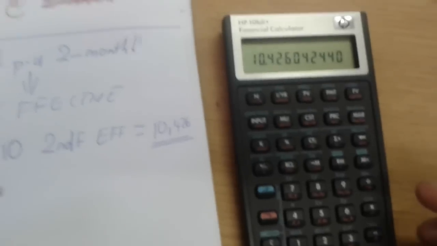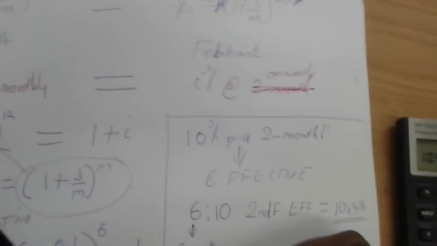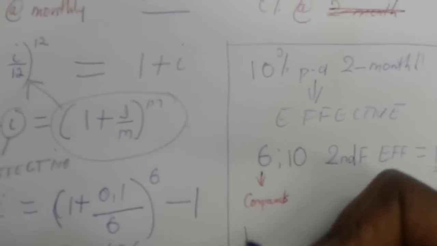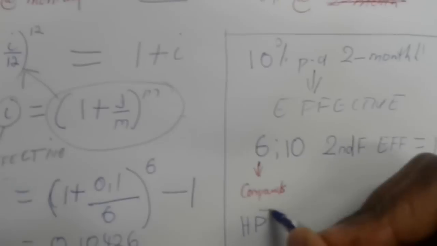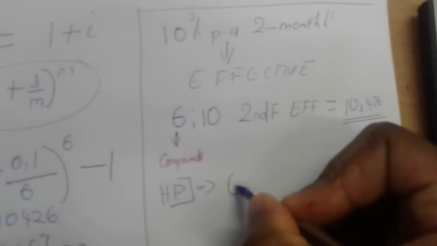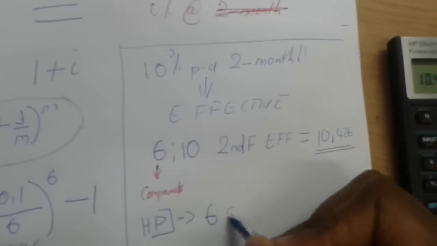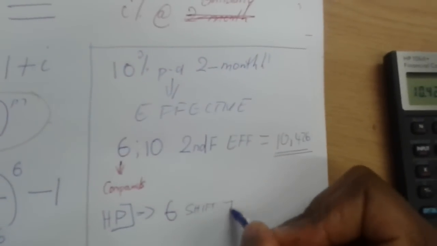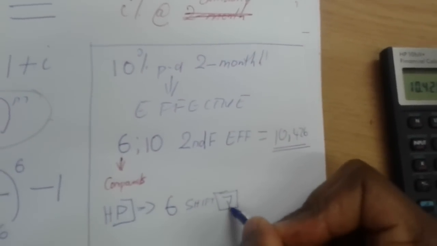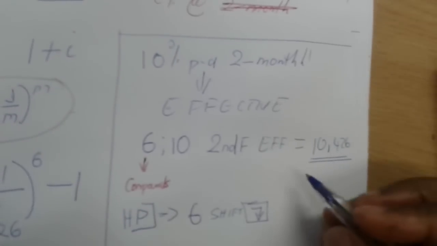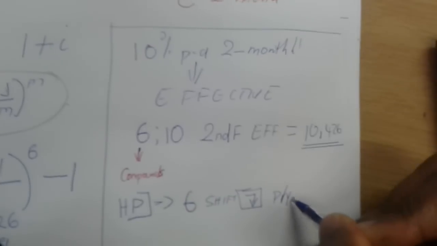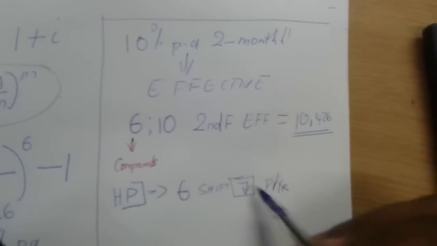So again, for the last time, if you're using HP, you say 6, then shift. Of course, remember it is the down shift. Shift, then P/YR, per year. So we now set the machine to 6 per year.